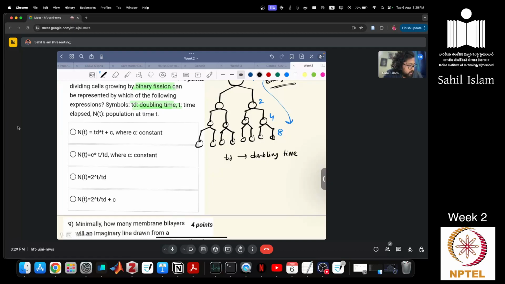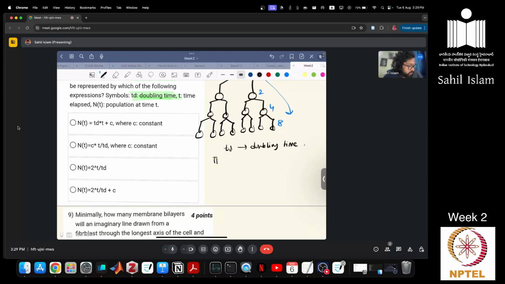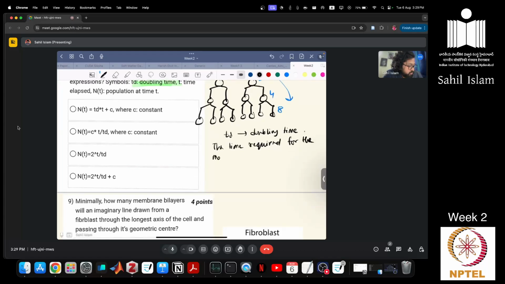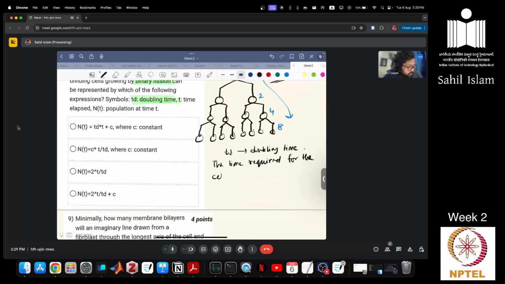So what is the doubling time? The time required for the cell population to get doubled relative to the population it started with.